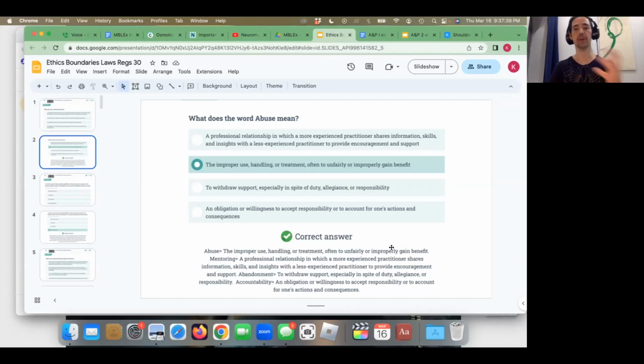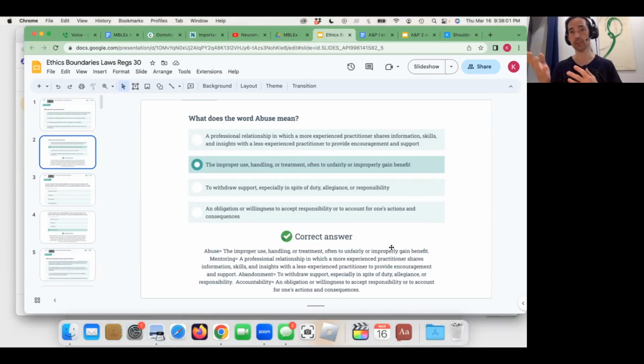Abuse can be sexual. That's what we usually think of, where you use your influence or power or maybe your physical position over someone else in order to gain sexual benefit.